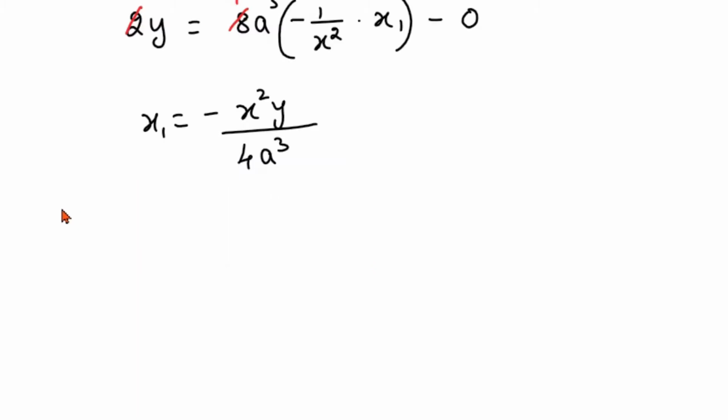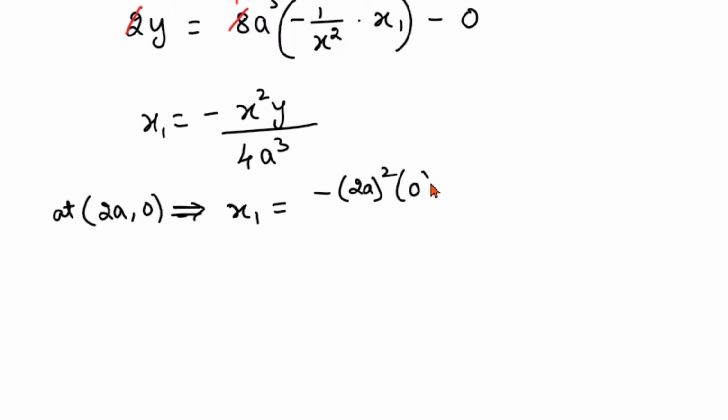Now at the point (2a, 0), the value of x1 equals minus of (2a) squared times y, and y is 0. Since it is multiplied by 0, the value of x1 will be 0. Let us take this as equation number 3.